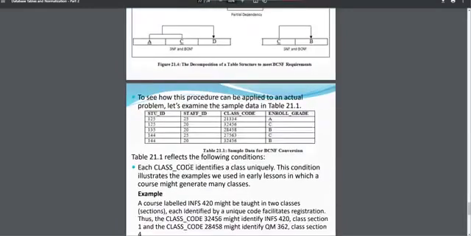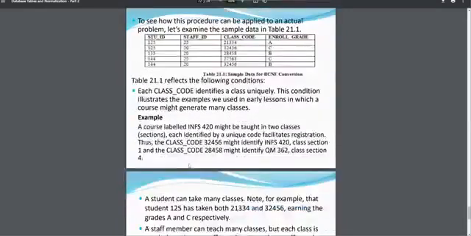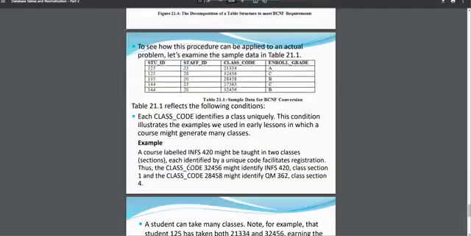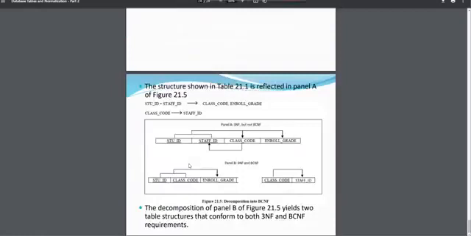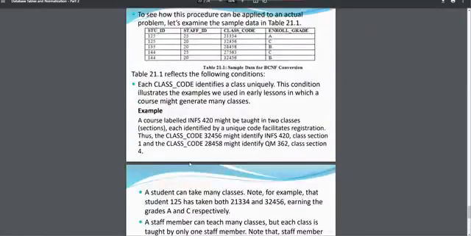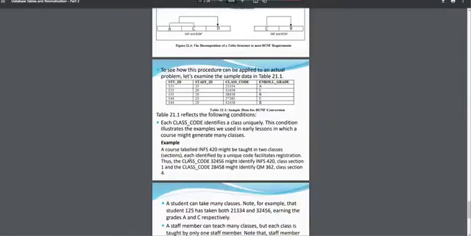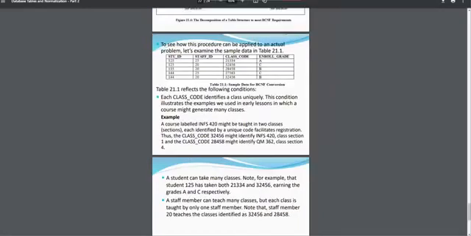So these are some examples. Now you should be able to understand these things. So go through these examples and try to understand these concepts.